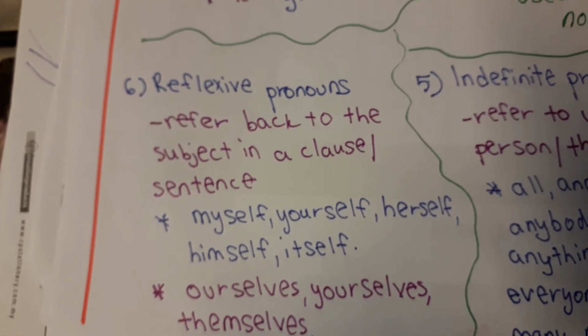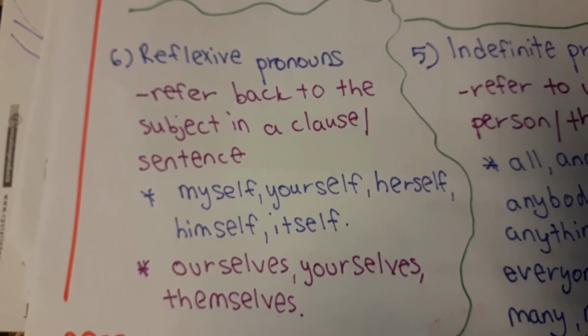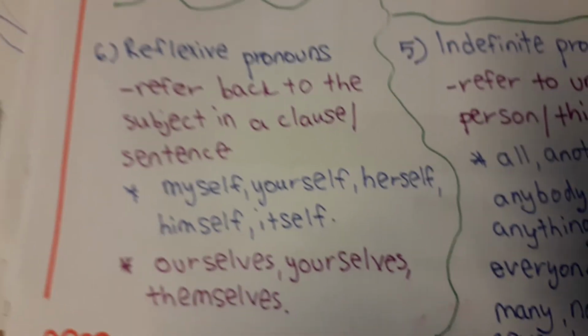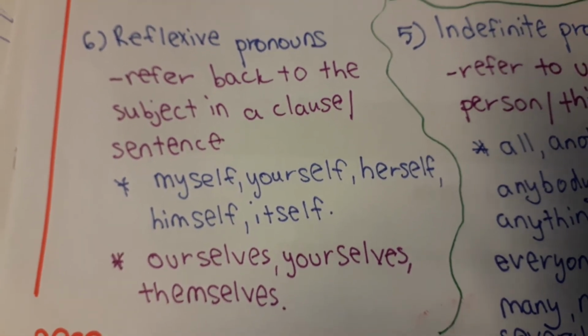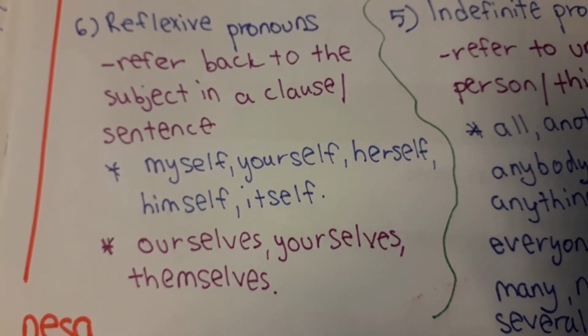When it is plural, notice that the spelling is with VES and not LF as when it is singular. So when they are plural, the examples are ourselves, yourselves, and themselves.